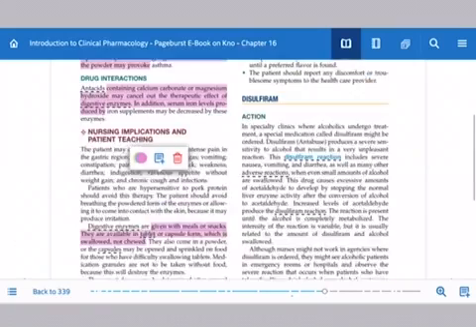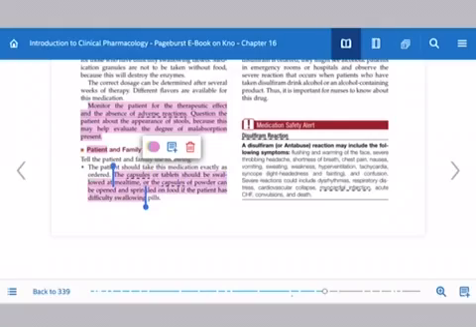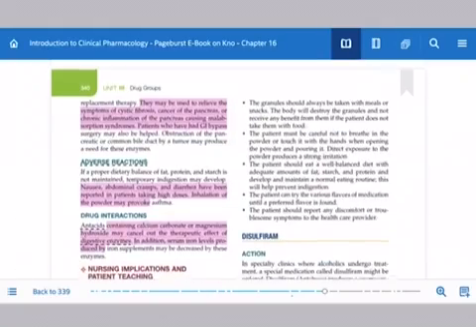So patient and family teachings. Once again, capsules or tablets need to be swallowed whole and at mealtime, or sprinkled on top of food if it's a powder. The granules should always be taken with meals or snacks. The patient must be careful not to breathe in the powder or touch it with his hands when opening.